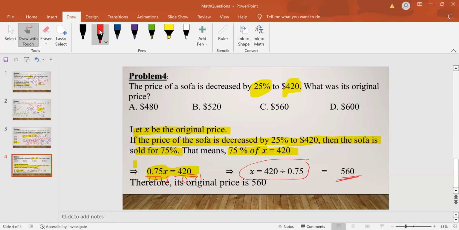Therefore, the answer is 560. So the original price is 560. And to double check this answer, you can take 560 and divide it by 4 to find the quarter of that, or 25% of that. And if you subtract the result from 560, you get 420.